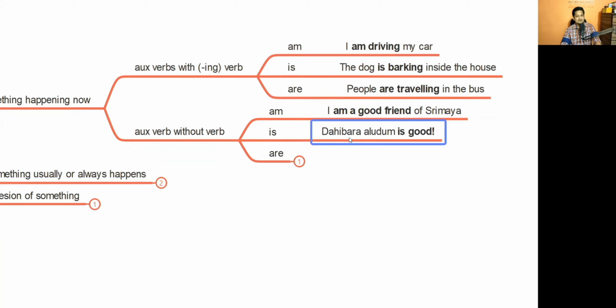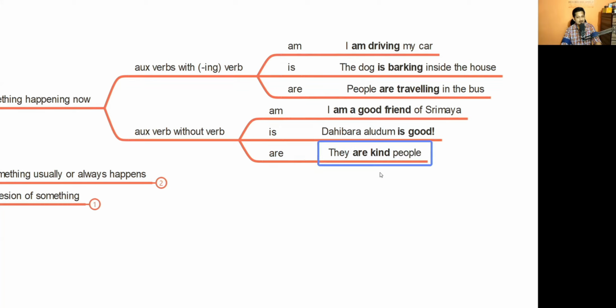Right now you're having dahivara aludam, and you're saying that this dahivara aludam is good. There is no verb here. Are you getting the point? Good is an adjective because it describes the noun, which is dahivara aludam. So, dahivara aludam is good.